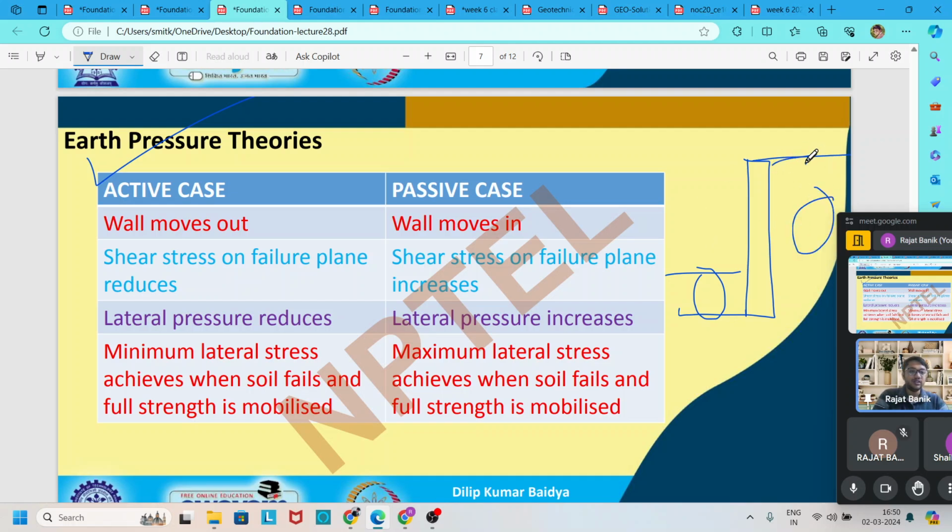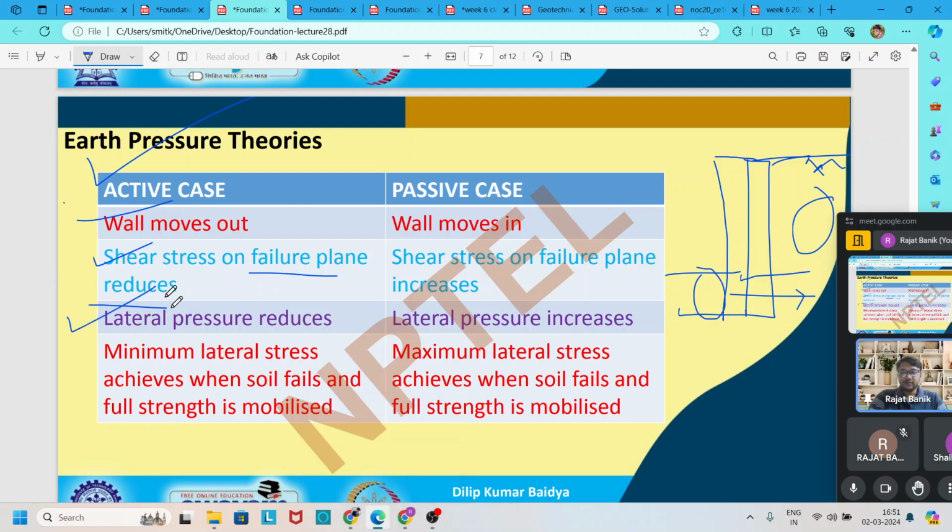If the wall moves away from the backfill material, it is called the active case. If the wall moves towards the backfill material, it is called the passive case. In the active case, the shear stress on the failure plane is reduced, but in the passive case, the shear stress on the failure plane is increased.